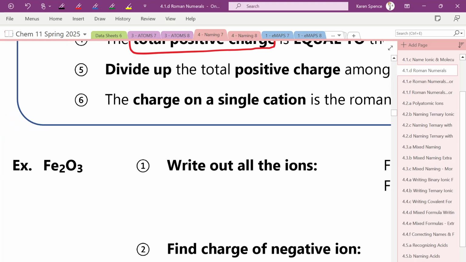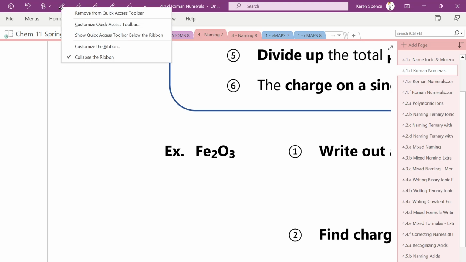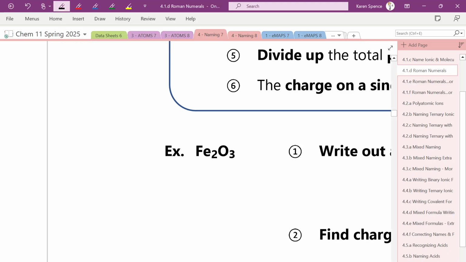Let's try one together. Okay, it's all written out for you there, but I'm going to do it over on the side. So if I have Fe2O3, how many iron atoms do we have? Tell your partner, how many iron atoms in Fe2O3? 2.